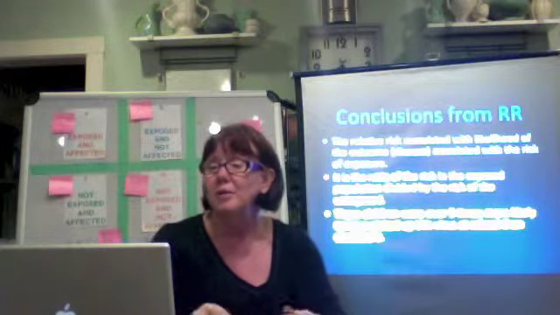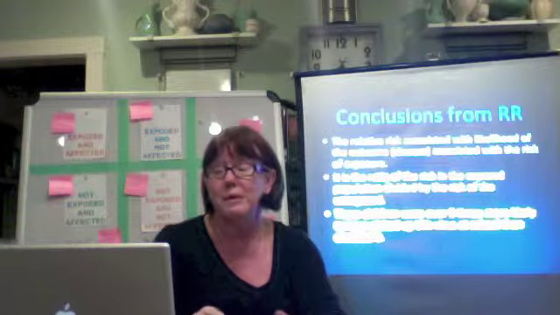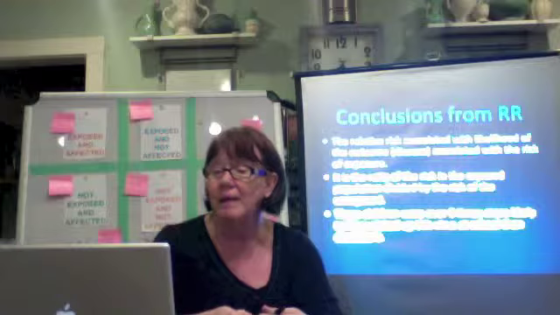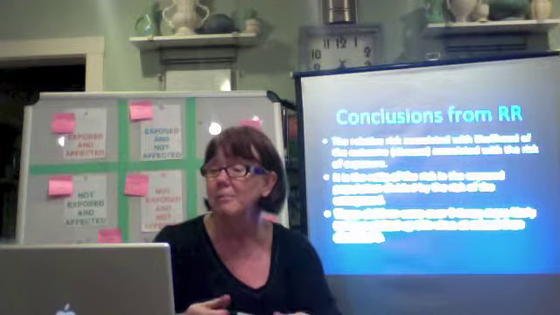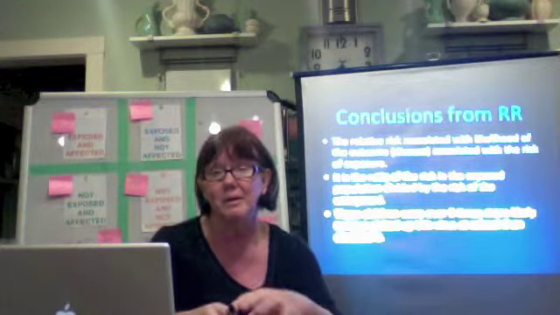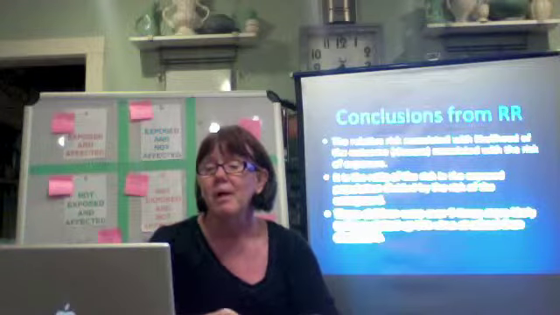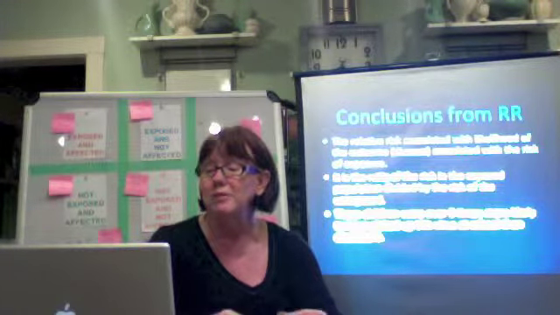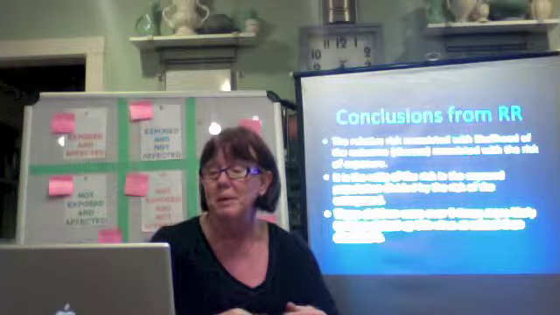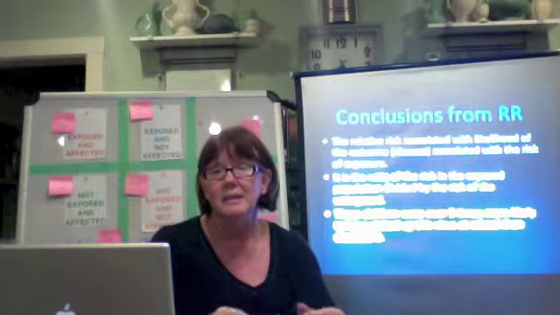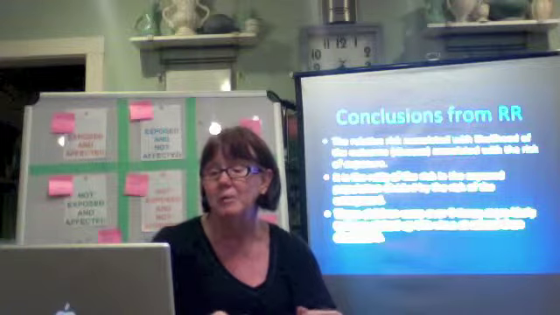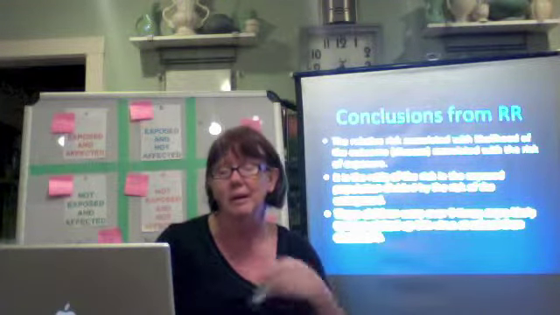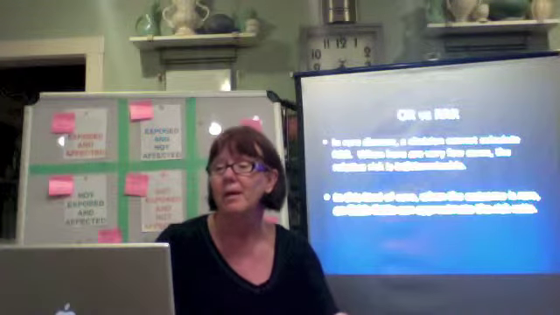The conclusions we can make from relative risk ratios are that it's associated with the likelihood of an outcome or a disease associated with the risk of exposure. It is the ratio of the risk of the exposed population divided by the risk of the unexposed population. These kids in this study were over 9 times more likely to have picked up this virus at school than anywhere else in the whole population.